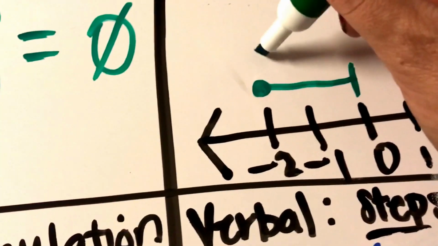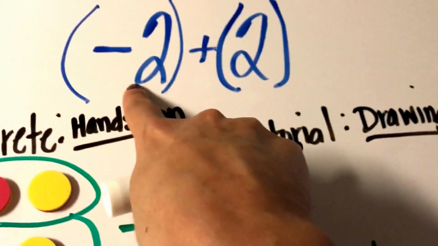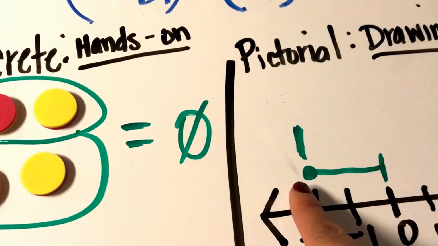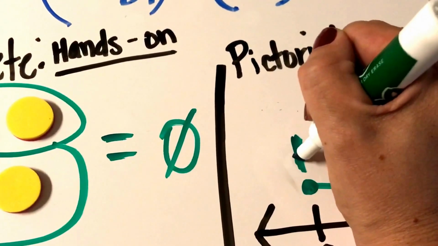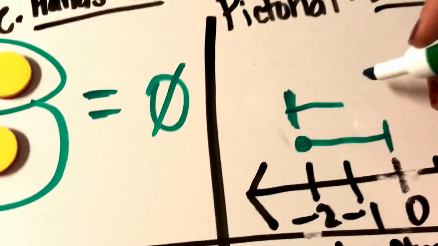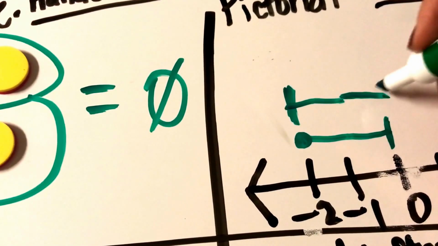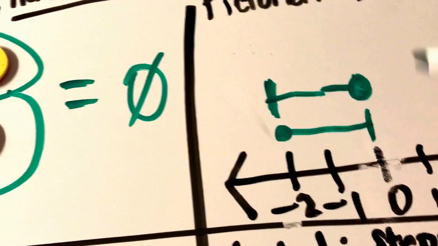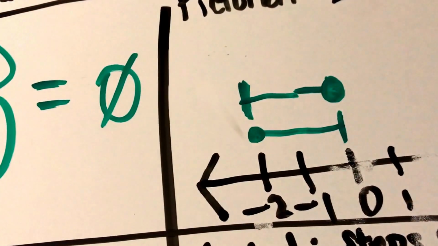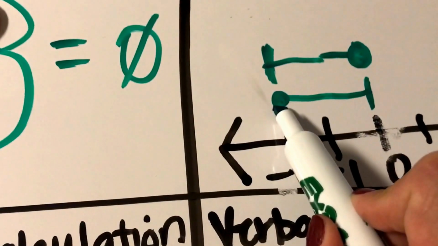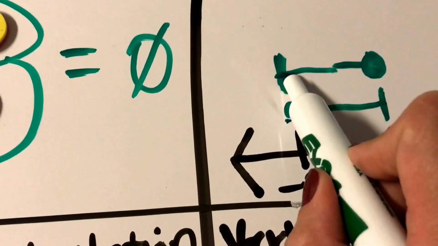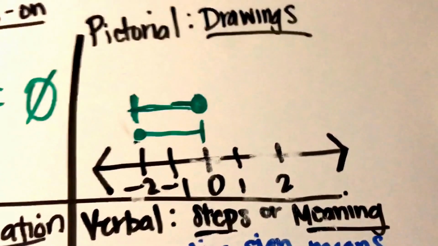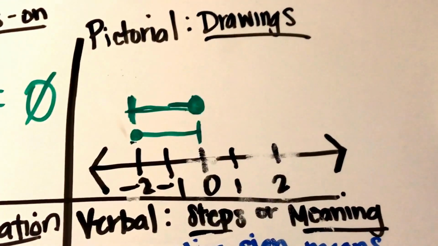So we're going to start here at this -2, starting at -2 and then going up 1, 2. So here's where we end up, which is at 0. Okay, so here was us just showing start at -2, and then we're going to go up 2, making a 0. Okay, so that's number line.